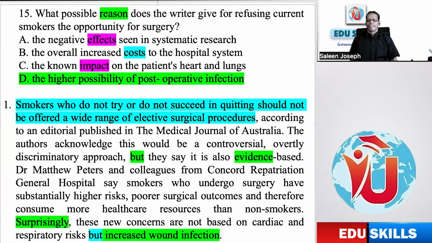So the answer is the reasons. Then you have reasons here. Many reasons given, right? Higher risk, poorer surgical outcomes, then consume more healthcare resources. All these are the reasons. This is the structure of the paragraph. When you practice, you have to practice this way.